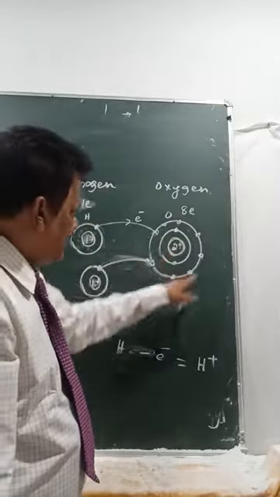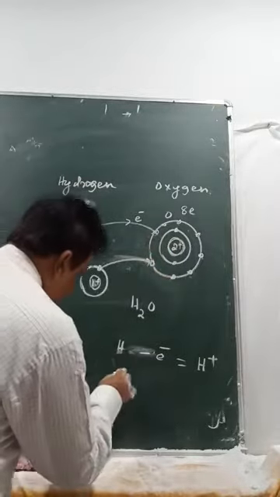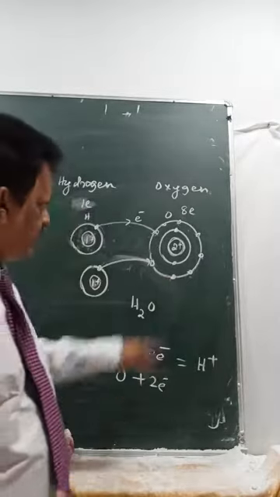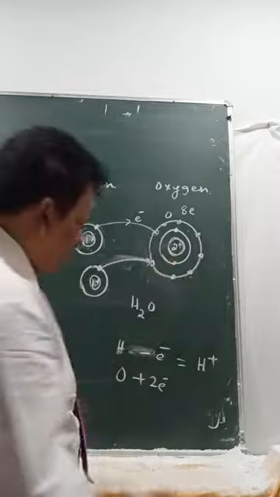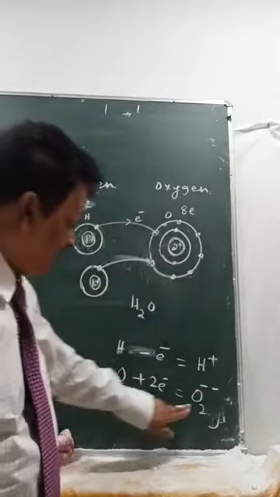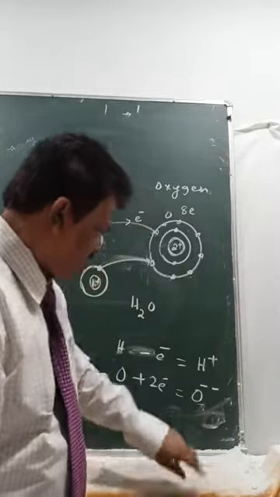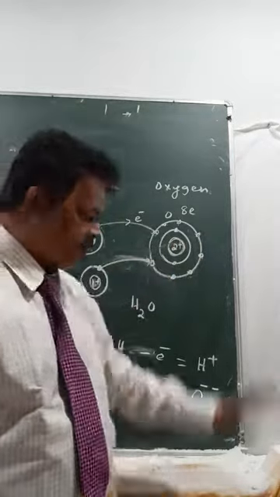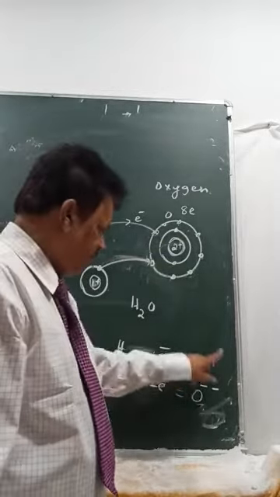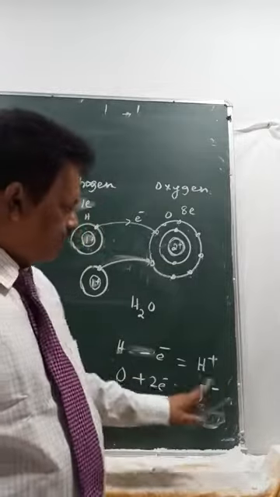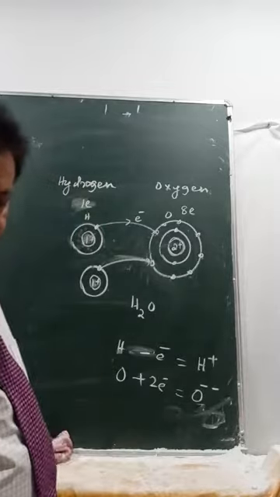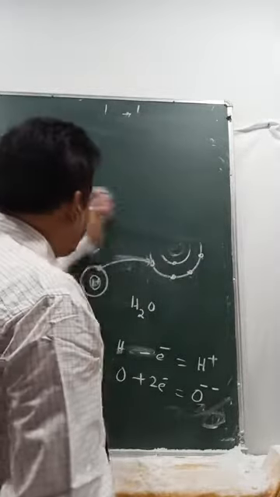When oxygen receives 2 electrons to be stable, it becomes O 2 minus, because it has received 2 electrons. So this is called a cation, this is called an anion. A positively charged ion, a negatively charged ion. So let's write down what is called cation and anion.